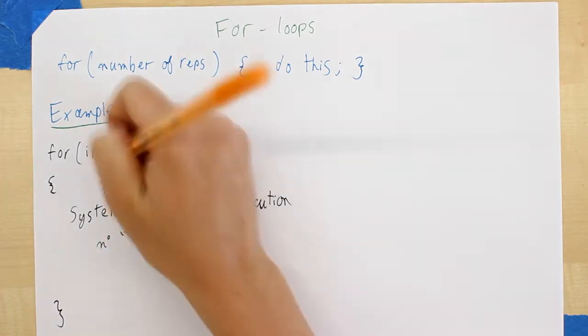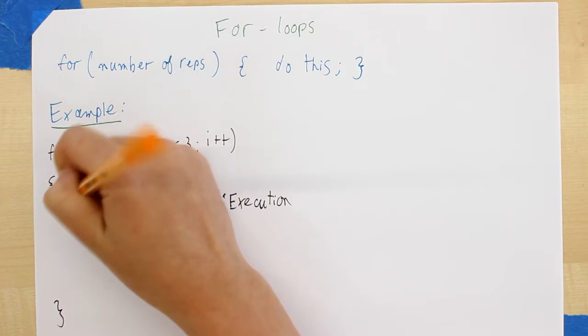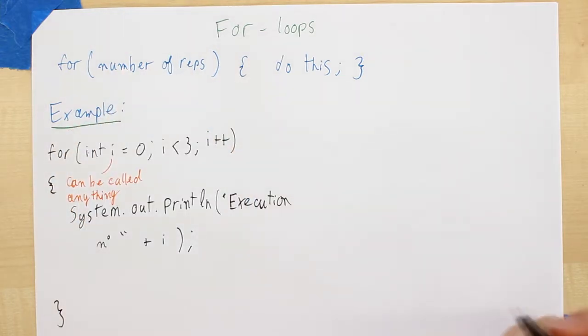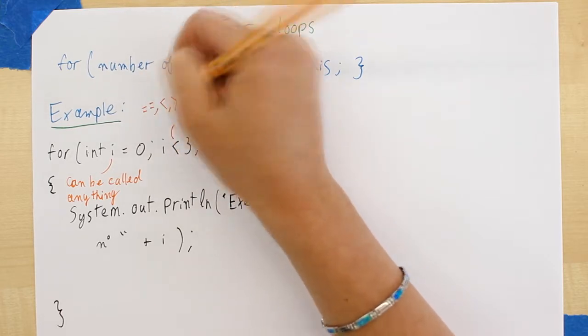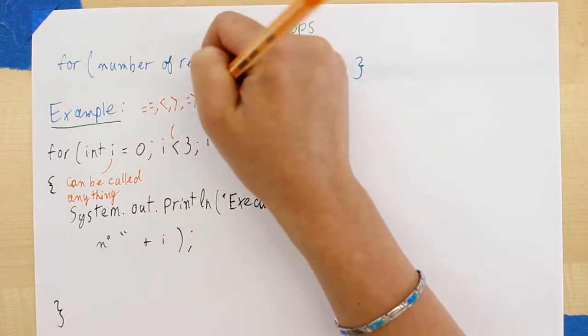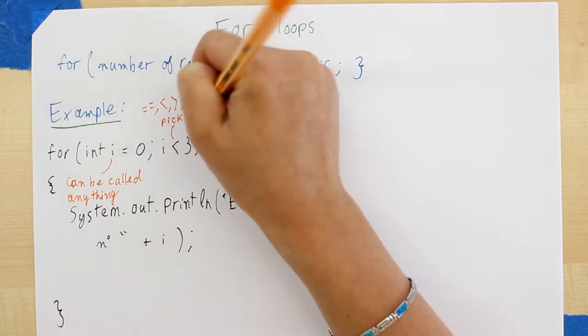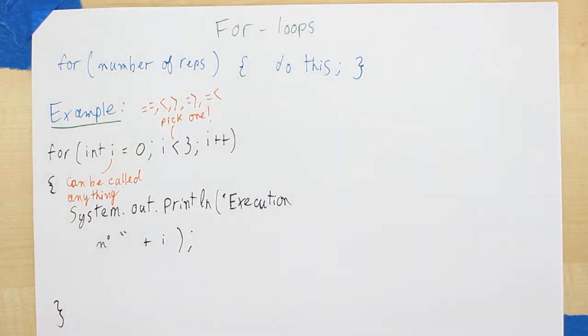You don't have to name your int i, you can name it anything. It's just an int, as I'm sure you've created many before. It also doesn't have to be less than 3. You can put any value instead of 3. And it doesn't have to be less than. It could be equals, smaller, greater, greater than or equal, anything.